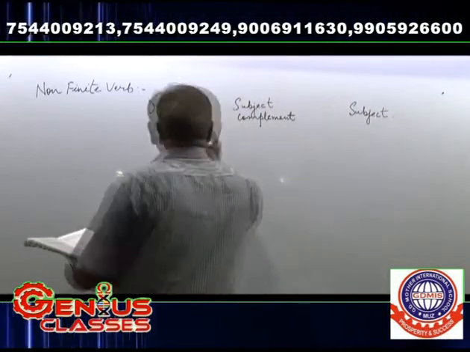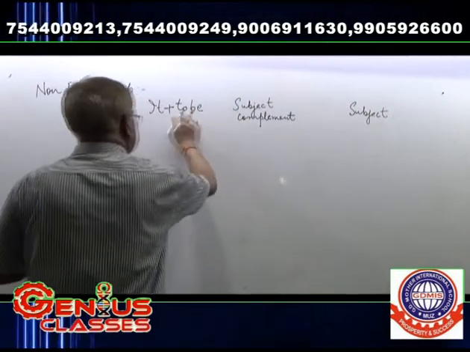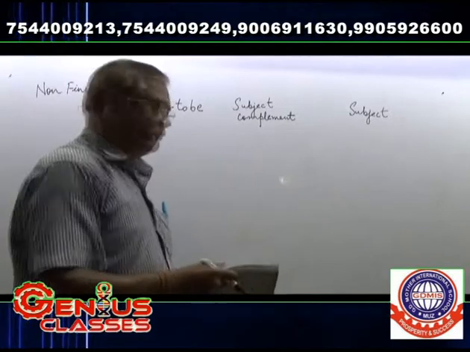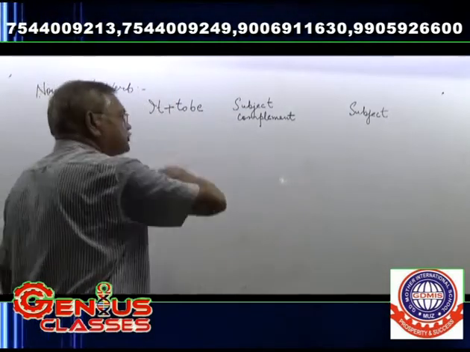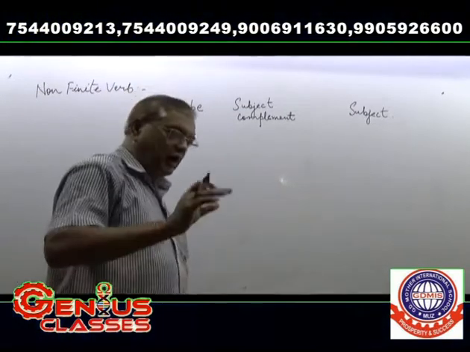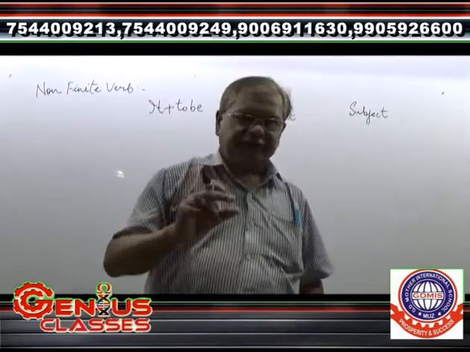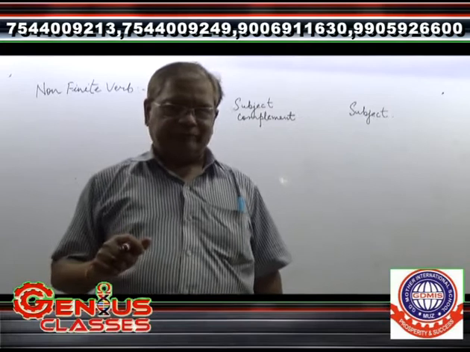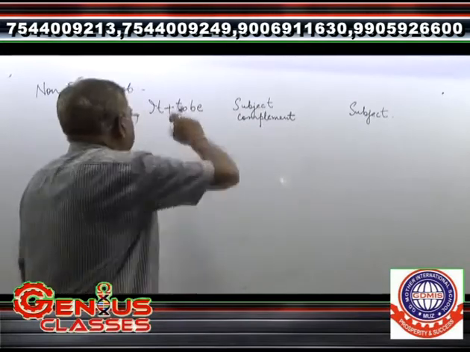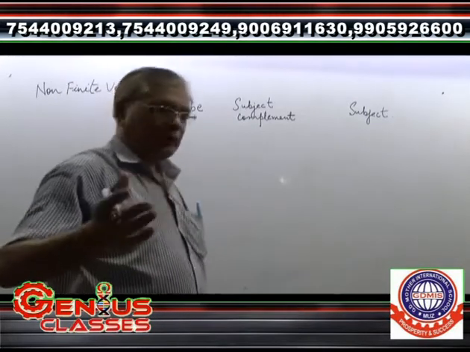So here the word to be means infinitive. Before be, the to is used. But the formation of the word be acts as a very important role. So first of all, you should know that.